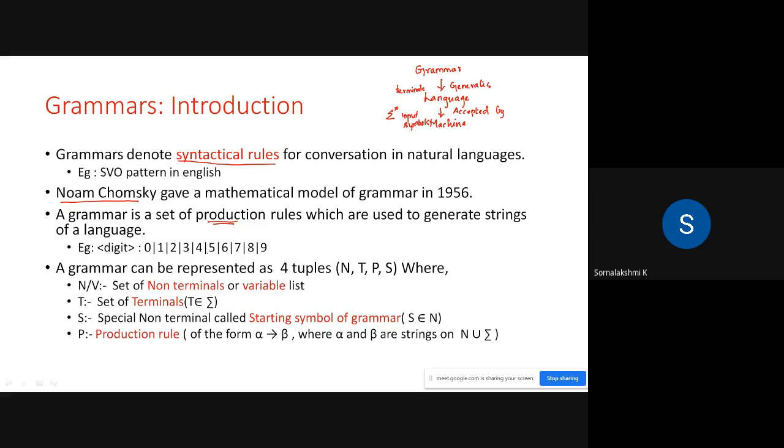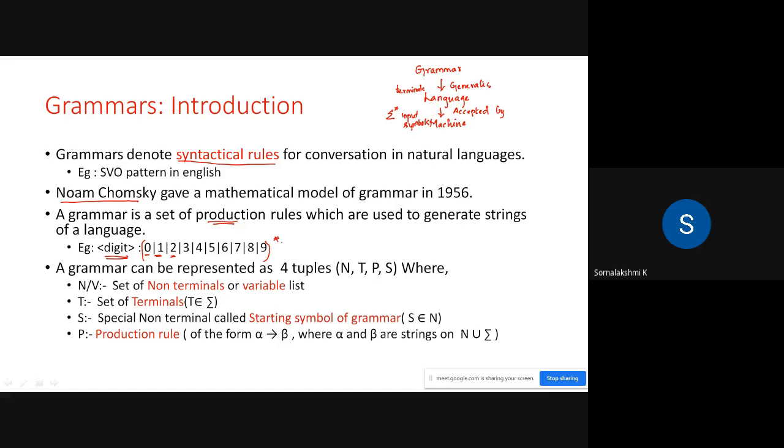So this is one valid production rule. This is a non-terminal or a variable, and these are terminals: 0, 1, 2. Now this rule means whenever you see the variable digit, substitute it with either 0 or 1 or 2 or 3, etc. To define 0 or more occurrences, in case you want a sequence, you can write it like this.